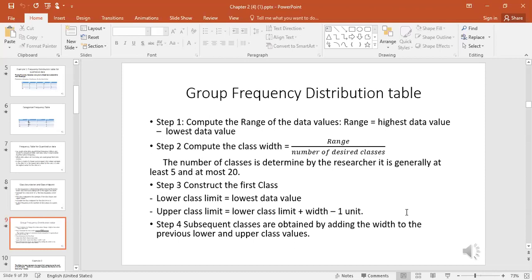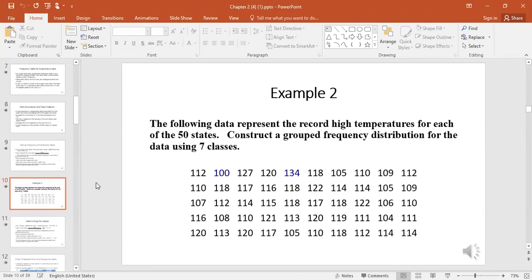Then, once we have the lower and upper values for the first class, we keep adding the width to the lower and upper values to get the next class. Let's look at an example that will help us understand better.